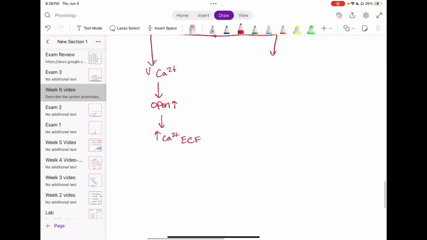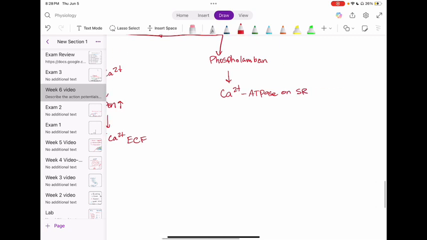On the other side is phosphorylation of phospholamban, which increases calcium ATPase on the sarcoplasmic reticulum.